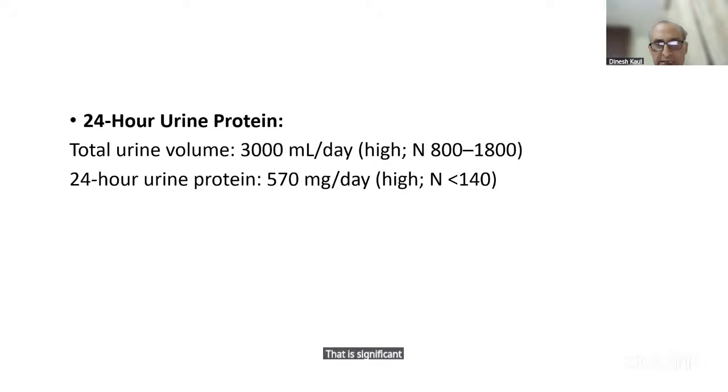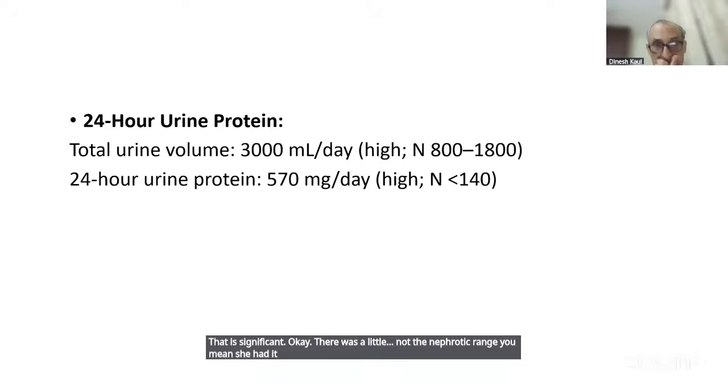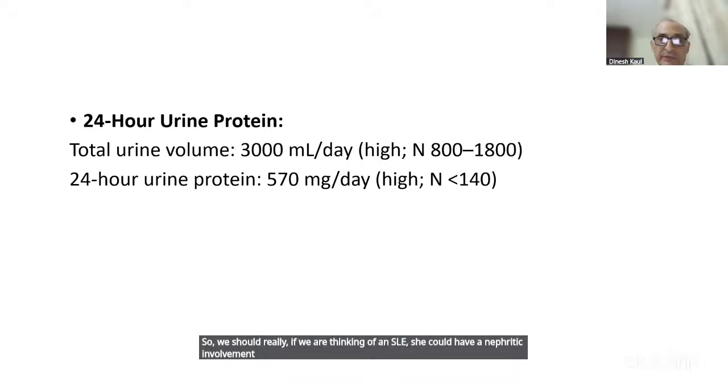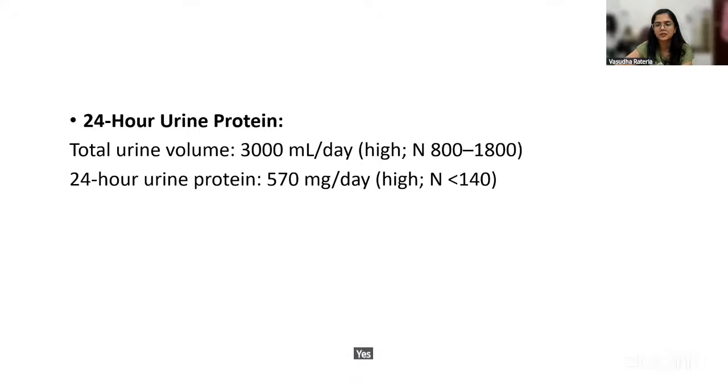So if we are thinking of an SLE, she could have nephritic involvement with the proteinuria. Yes, sir, definitely. To know what class it goes to, we need to do a renal biopsy. Fine.